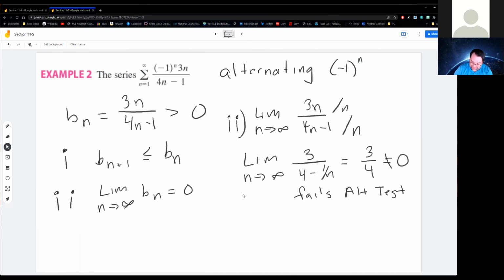However, it passes the divergence test. Is there a scenario where it would fail the alternating series test and not pass the divergence test? Yes.